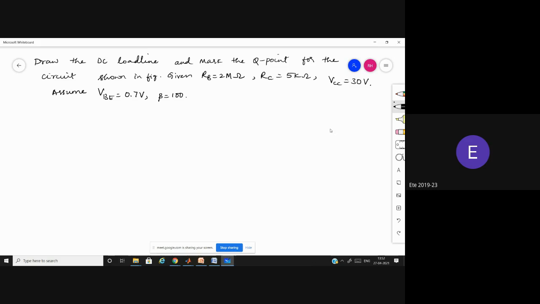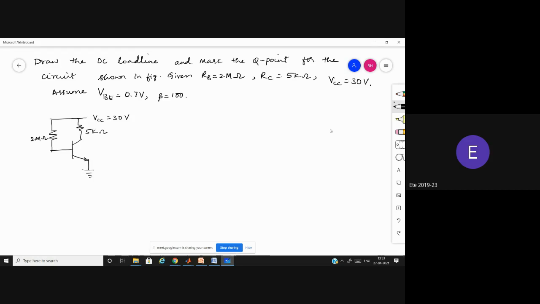So this is the question and they have given the circuit. Five kilo ohm, 2 mega ohm.